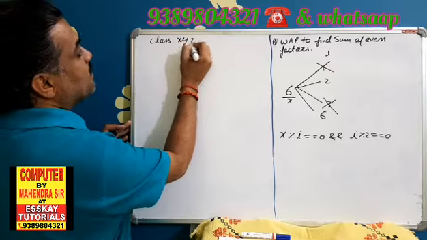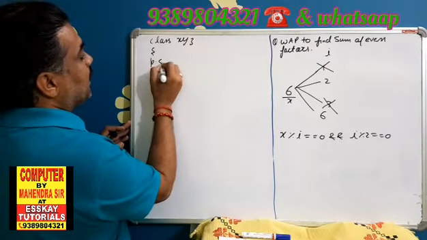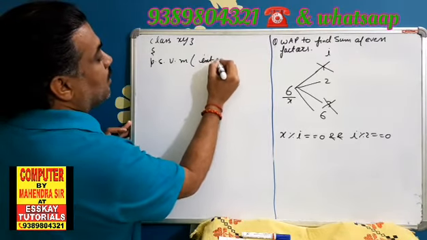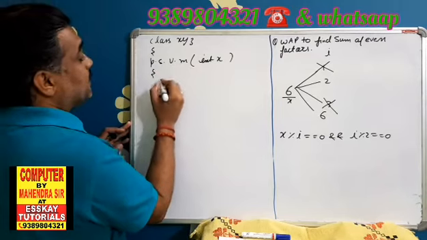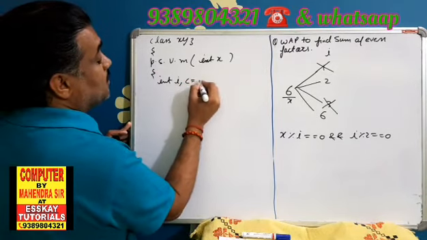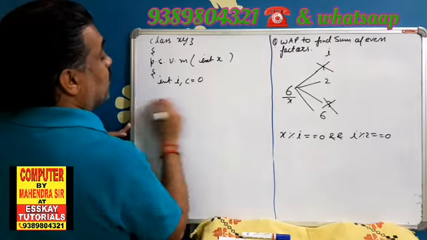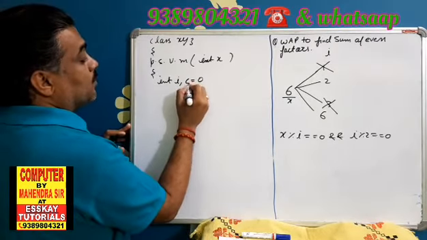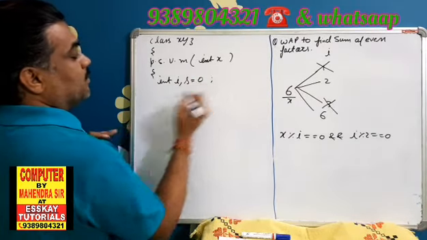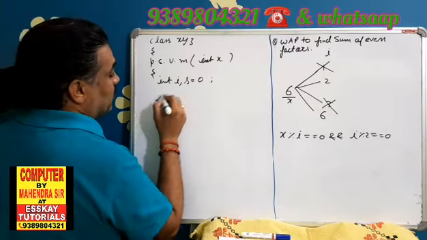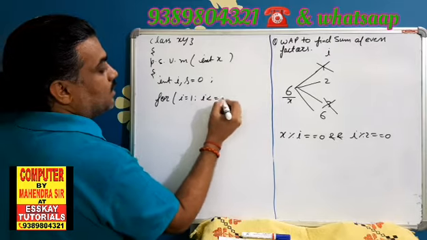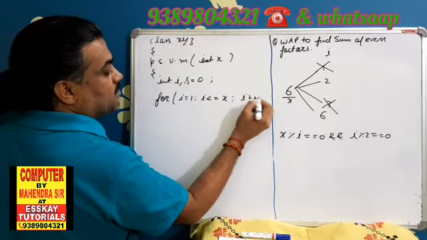Class XYZ, public static void main, int x. My writing is very bad, I can understand it but can't help it. int I, c equal to 0. Or I'll take a variable s because I need to find the summation of the factors. Now I'll run a loop for I equal to 1, I less than or equal to x, I plus plus.